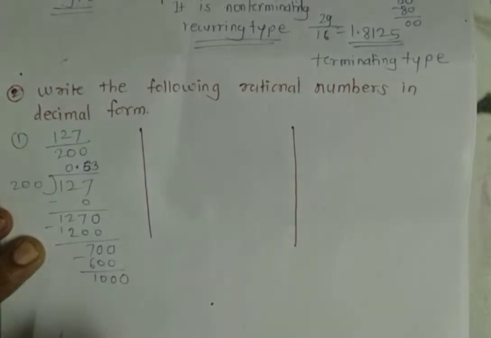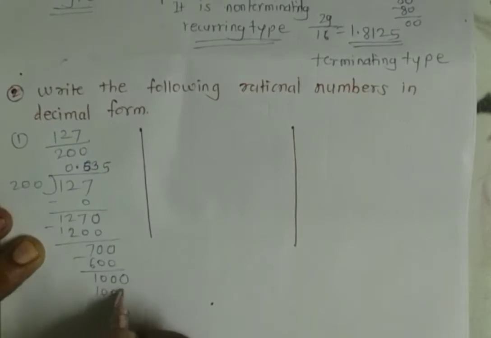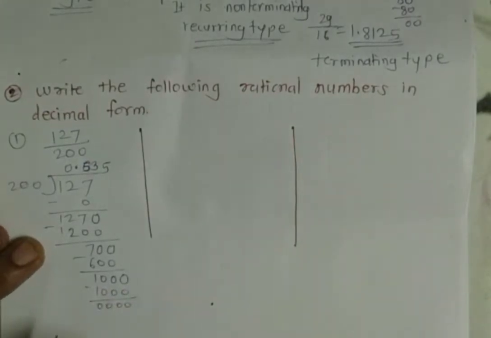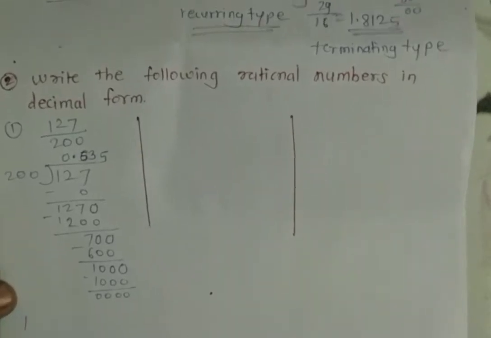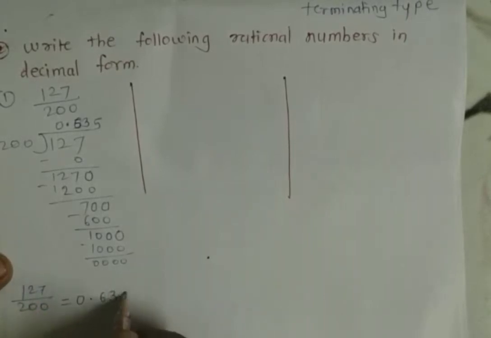Again one more 0, 200 fives are 1000. Now the remainder is 0, which means the decimal form of 127 upon 200 is 0.635.